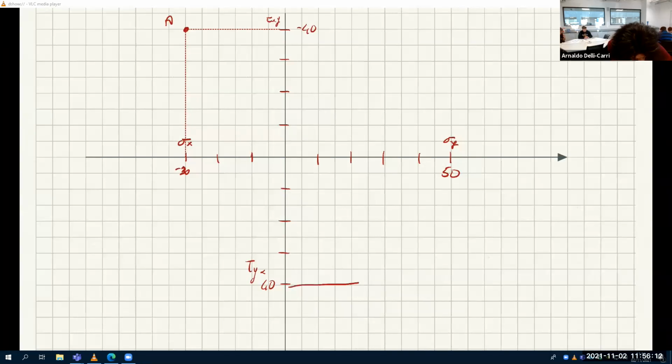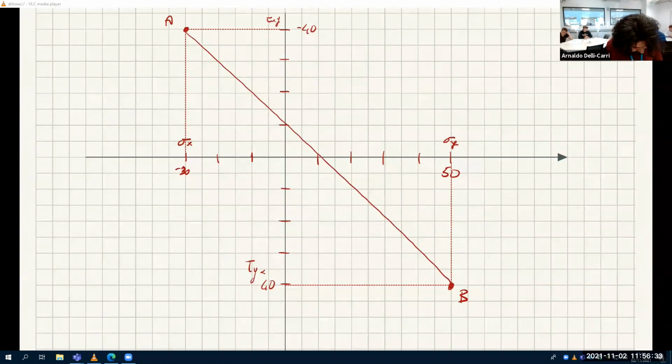And the intercept of this and this is point B. So I just join them up with a straight line. And lo and behold, they meet at 10 megapascal, which is the average stress.